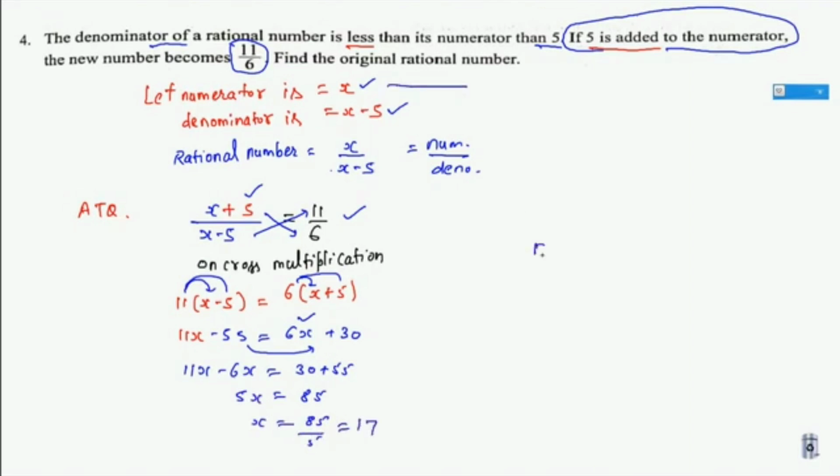That means the numerator is 17. We have to find the rational number, so we need to find the denominator also. The denominator is x minus 5, so 17 minus 5 is equal to 12. That means the rational number is 17 by 12. This is the answer.